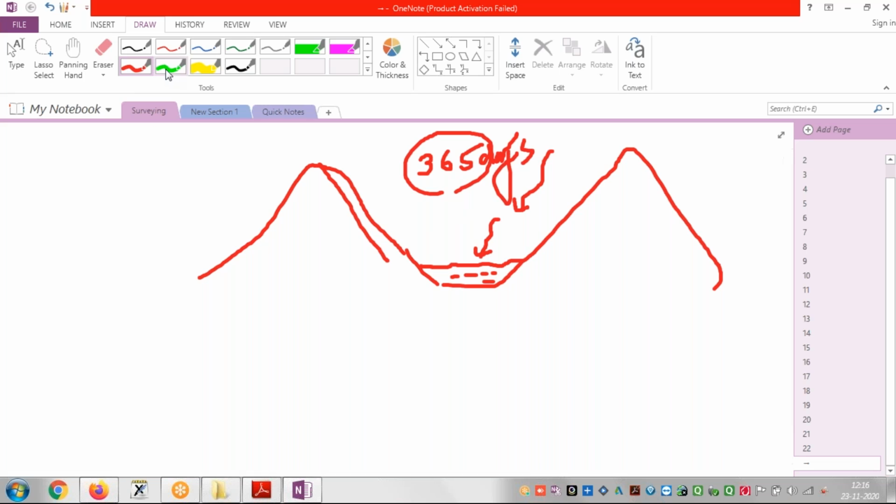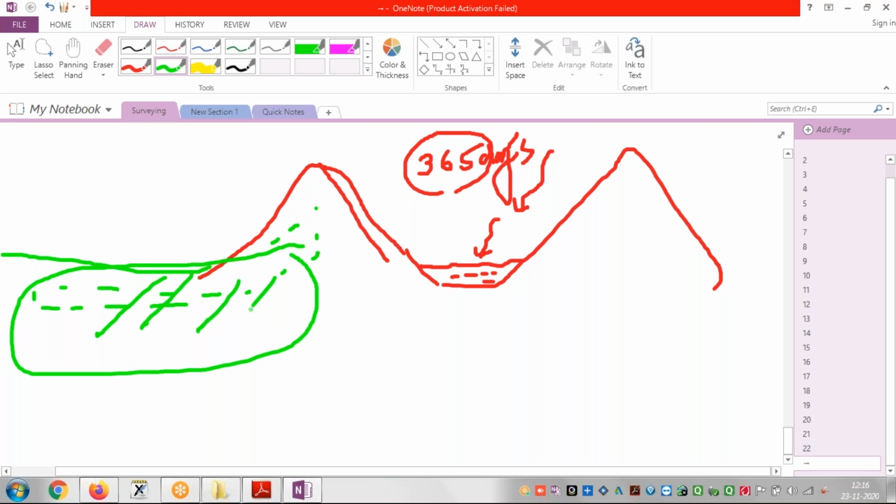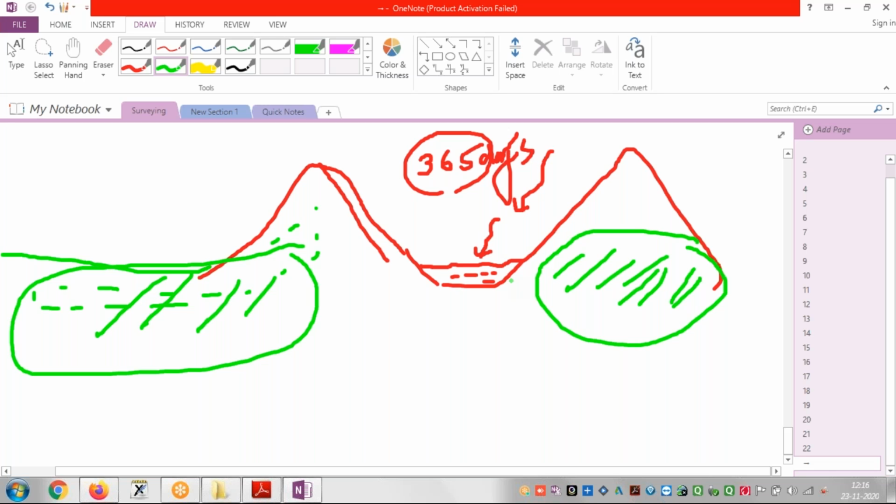Because of the water which is inside the soil. See here, this is the soil, and this soil is filled with water. If it is filled with water, what happens? This soil contributes water to this river, and this portion will also contribute water to this river.